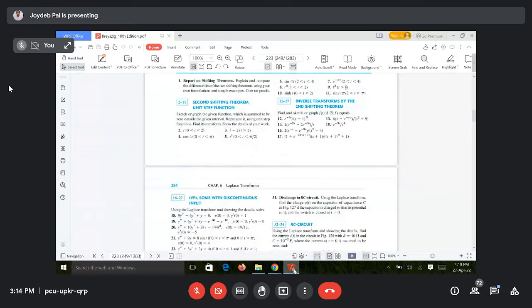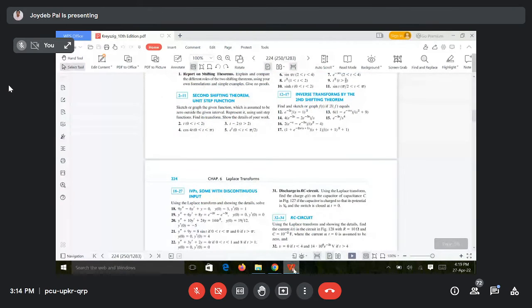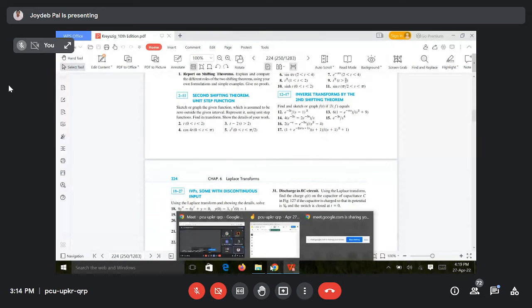But for problem number 17, we have to use both shifting properties, because you can see it is a function of s plus 1. So I am showing a bit, you check it.